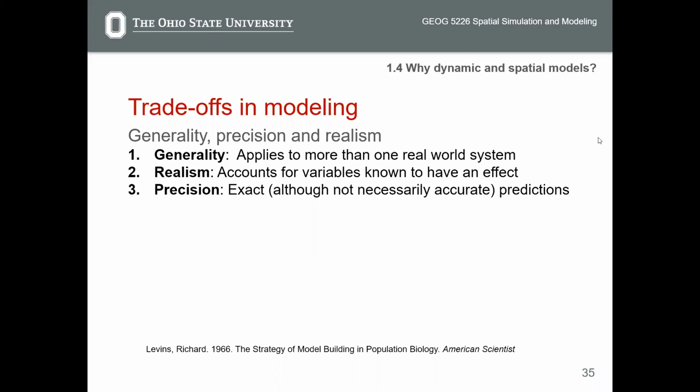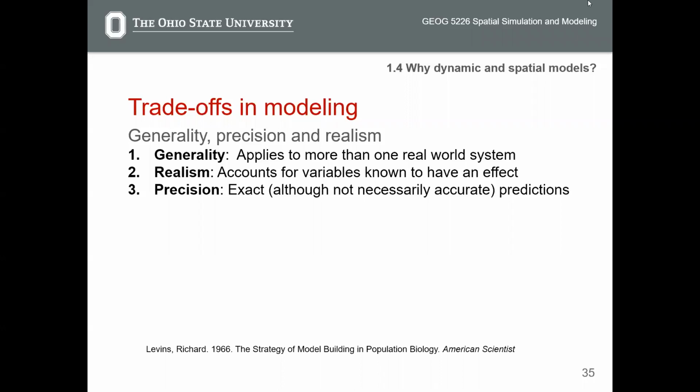Okay, in this video clip, I'm going to finish the first chapter and we're going to talk about the reasons why we need dynamic simulation models to address spatial phenomena. Firstly, we need to know that there is always a trade-off in modeling among generality, realism, and precision.